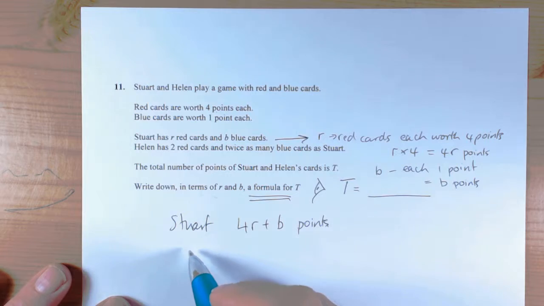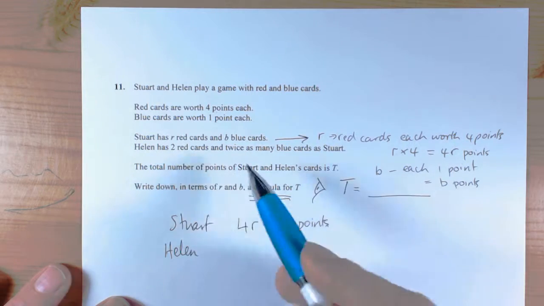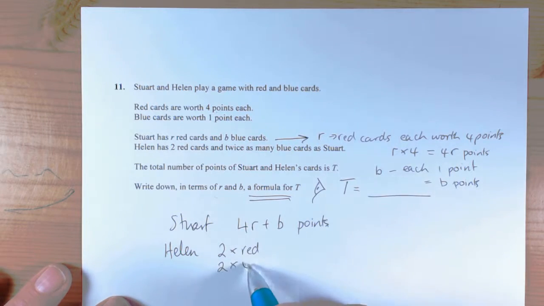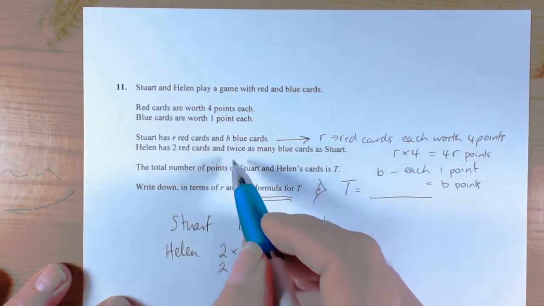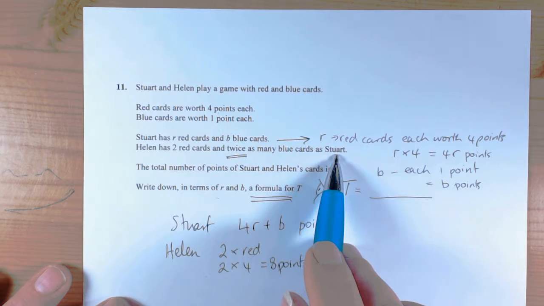Now when it comes to Helen's information, we can see that she has 2 red cards, so specifically 2 reds. So 2 times red, well that's 2 times 4 points, so she has 8 points from those. Then it says that she has twice as many blue cards as Stuart.